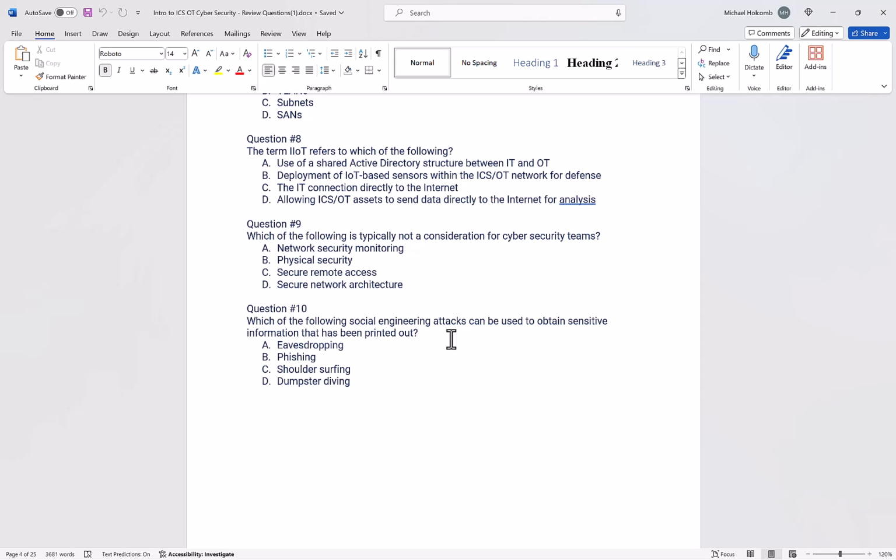And then question 10, to wrap out this unit, which of the following social engineering attacks can be used to obtain sensitive information that has been printed out? So typically we talk about people printing out sensitive information. They can leave it out on their desk. They could throw it away in a trash can or put it in a recycle bin rather than putting it in a secure shred-it bin.